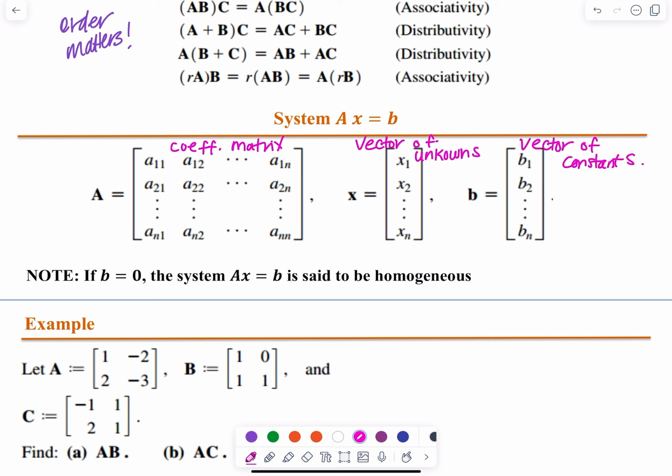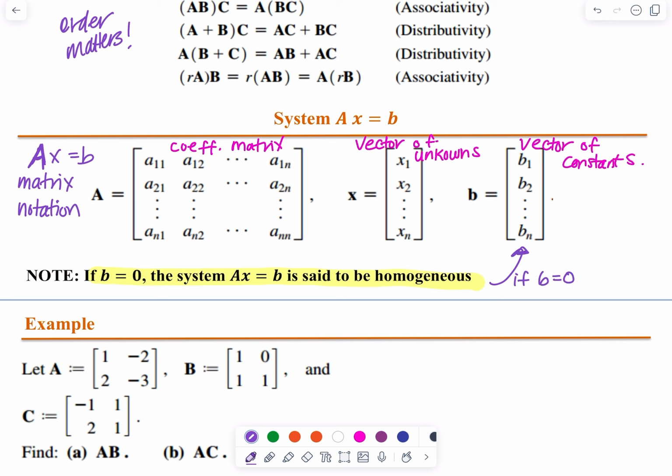So here we have that AX is equal to B. Call this matrix notation. Now we do want to make note that if B is equal to 0, the system AX equals B is said to be homogeneous. So that is if B is equal to 0.